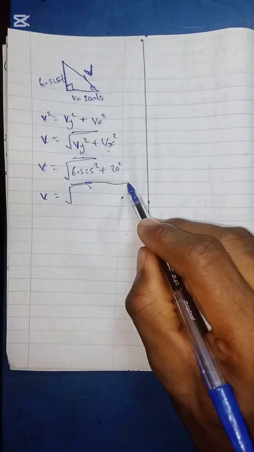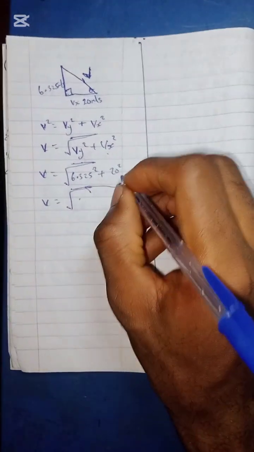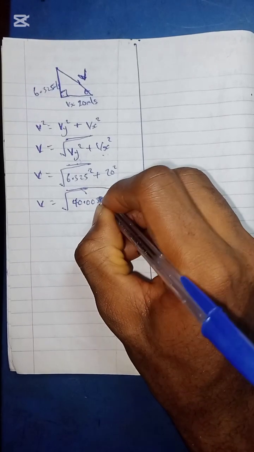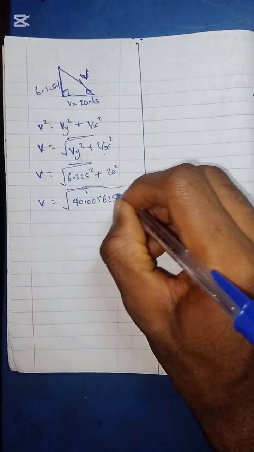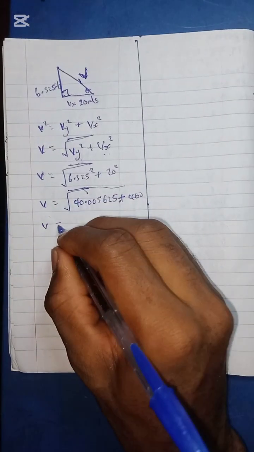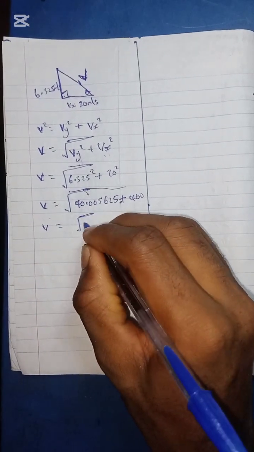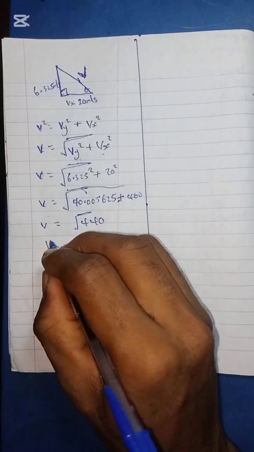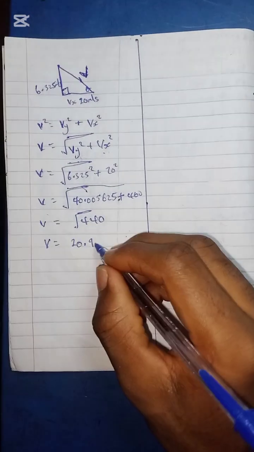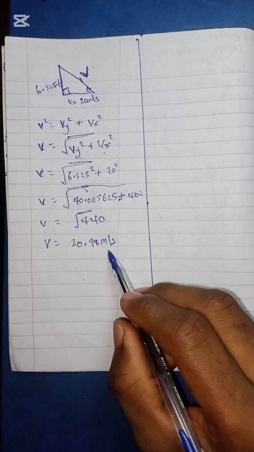When you punch your calculator, this will give you 40.005625 plus 400, so v is the root of 440, and we have v equal to 20.98 meters per second. This is your final velocity.